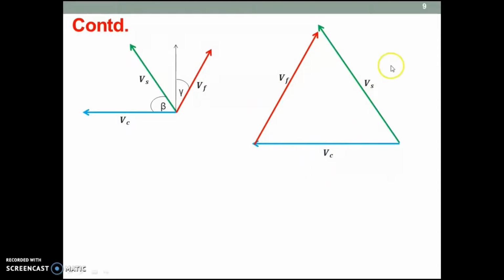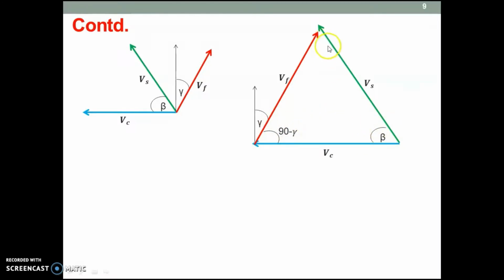So here, the angle between VS and VC is beta, and the angle between VF and the vertical axis is gamma, which is the back rake angle. As it is gamma and the total angle is 90 degrees, this angle is obviously 90 minus gamma. If this is 90 minus gamma, this angle is beta.